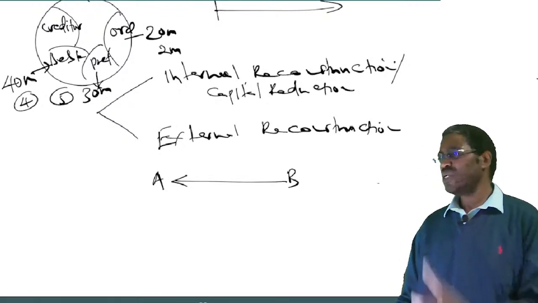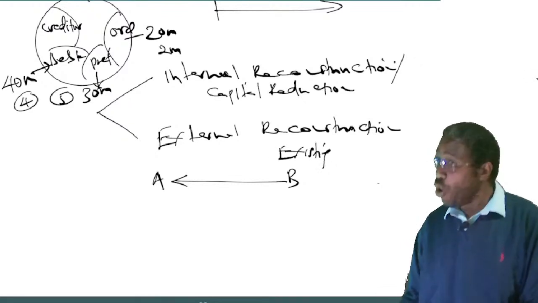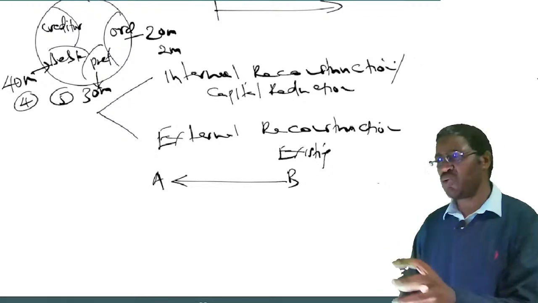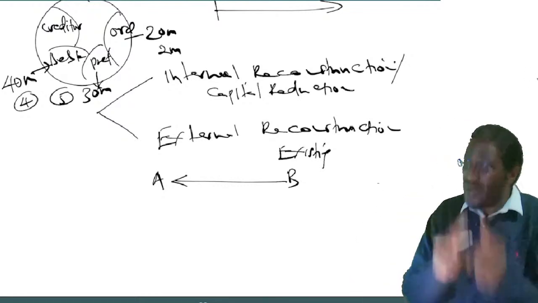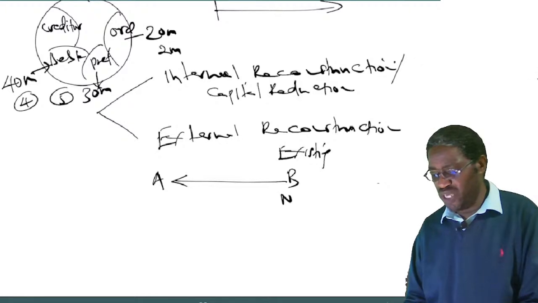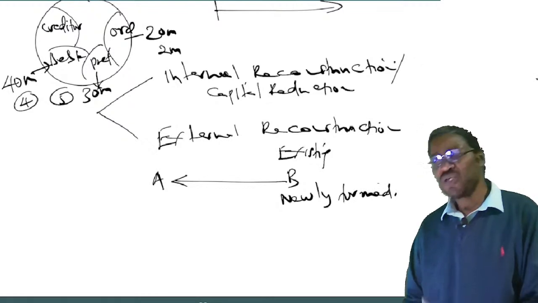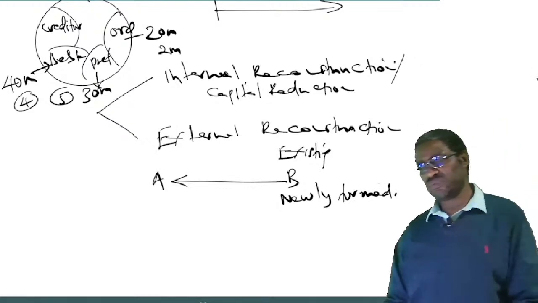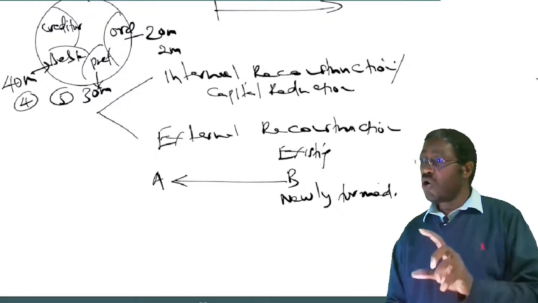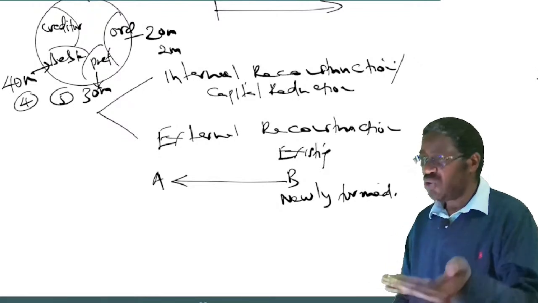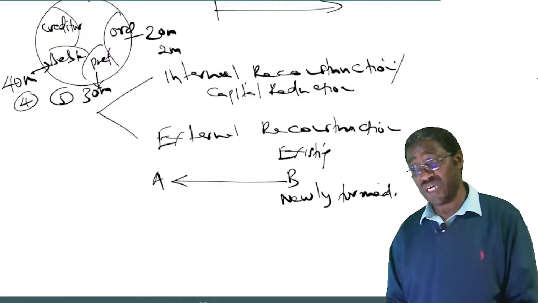In other words, this company B could be another existing company, or you may form a new company called B so that it takes over the business of company A. So when it comes to external reconstruction, another existing company or a newly formed company will have to take over the business of the company that is being reorganized.